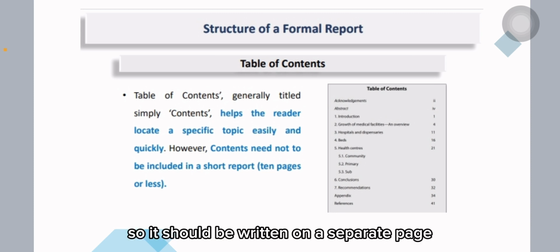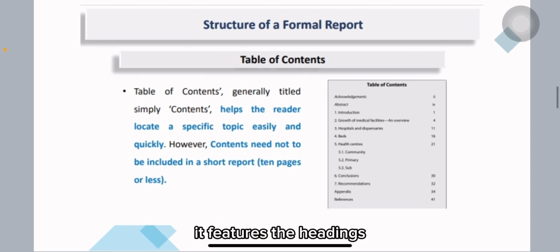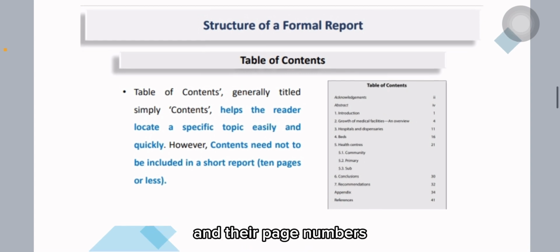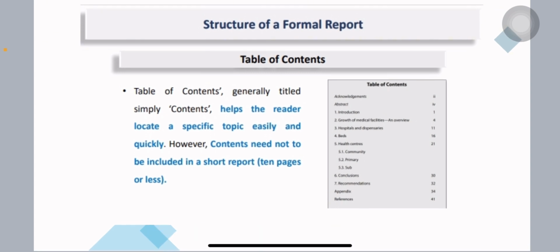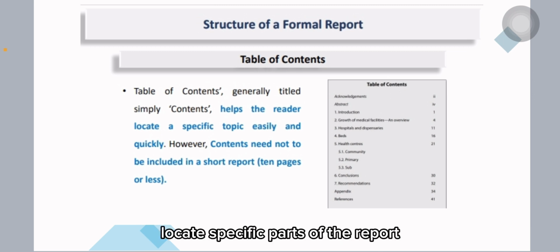It should be written on a separate page. It features the headings and secondary headings of the report and their page numbers. So of course, it enables the audience to quickly locate specific parts of the report.